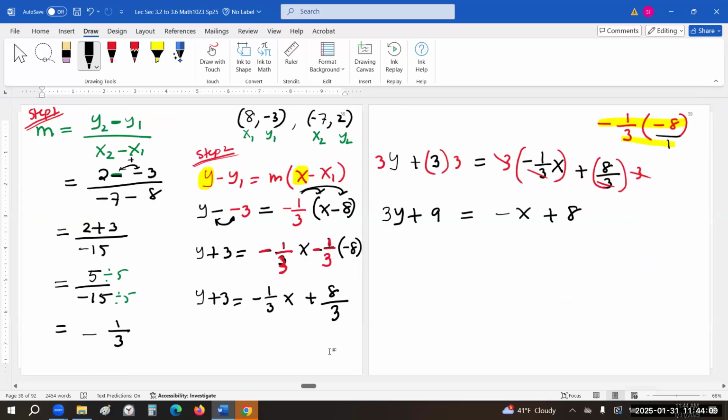So if you want to keep up with the format, what is our next step? There are multiple steps. What do you want to do? They want us to bring x next to y and constant alone. So what can you do? What do you want to do?